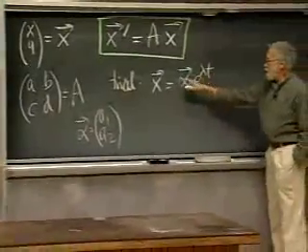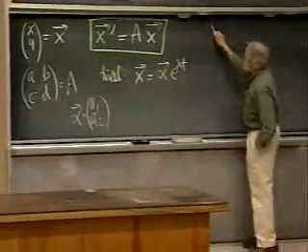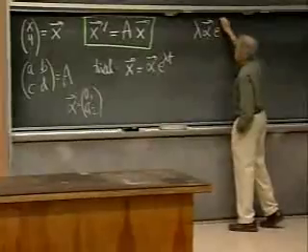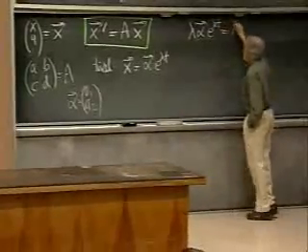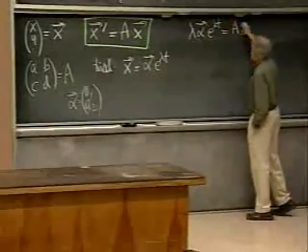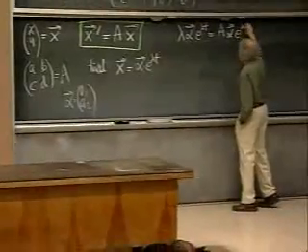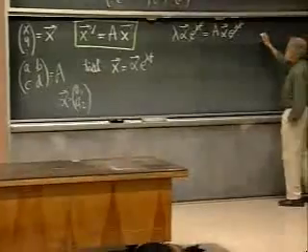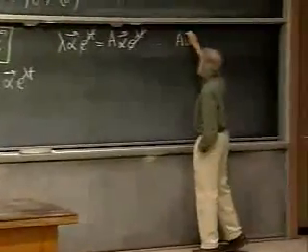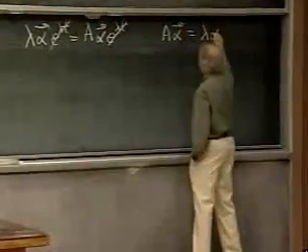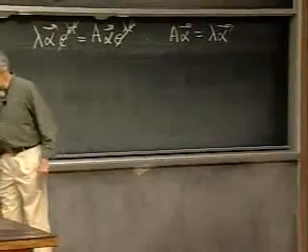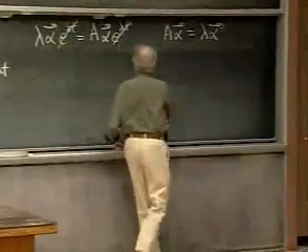Well, this is lambda alpha e to the lambda t equals A alpha e to the lambda t. These two cancel, and we get the system to be solved is A alpha equals lambda alpha. And now the question is, how do you solve that system?